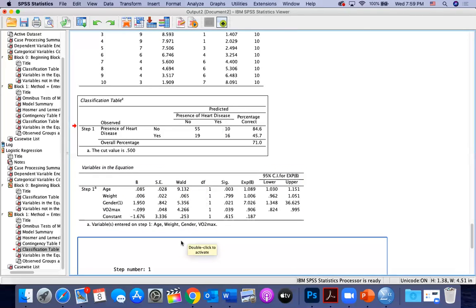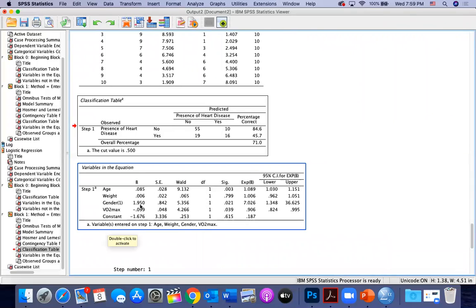And I have to mention that the beta, or the coefficient, tells you whether it's predicting the dependent variable in a positive way or a negative way.